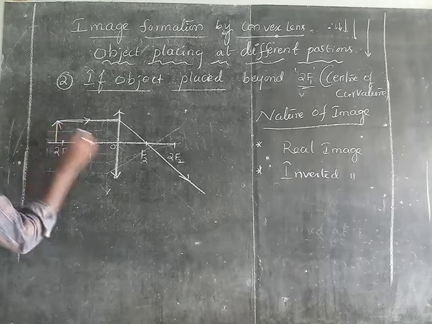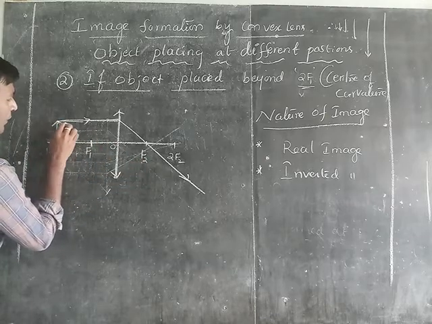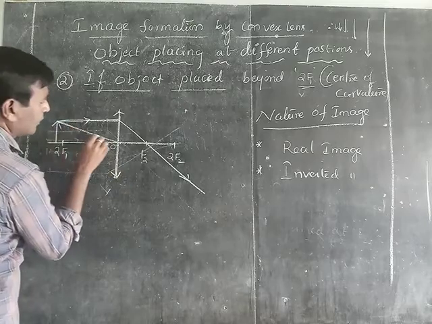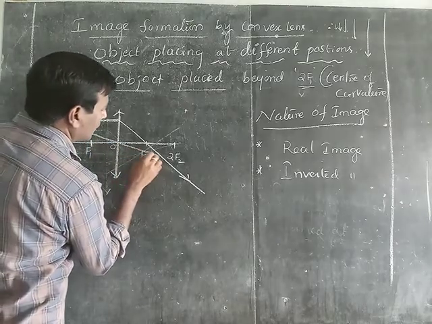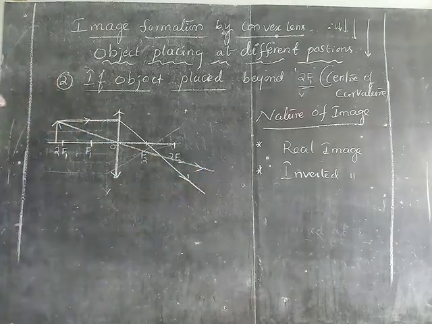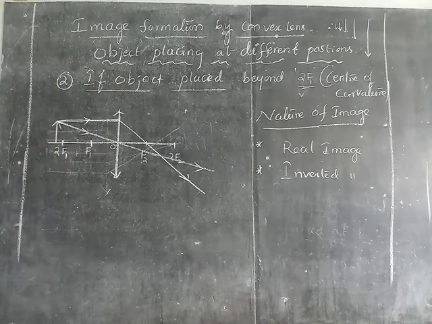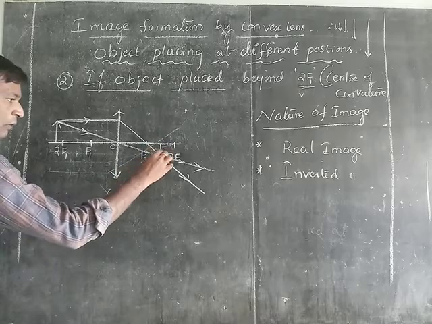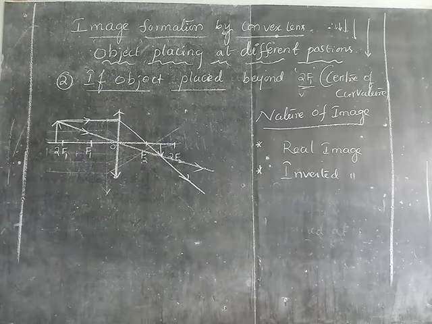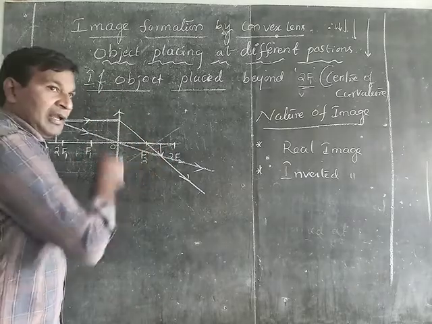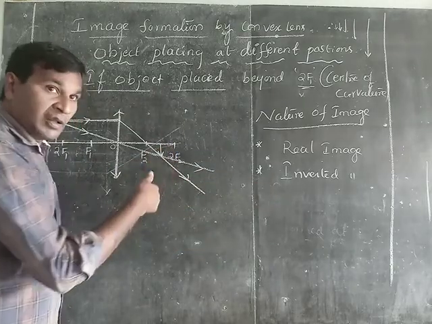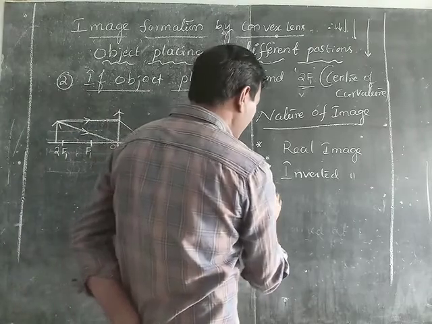The light ray passing through the optic center undeviates, which means no deviation. Give an arrow mark. These two light rays meet at a point here, and the image is formed. Real image, inverted image, very small, so a diminished image.